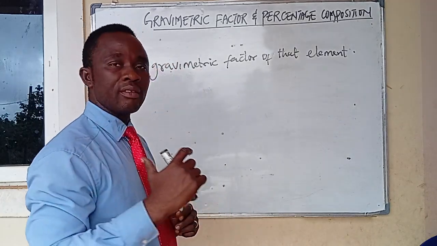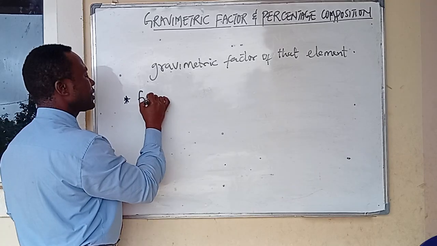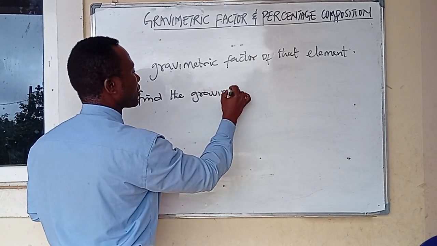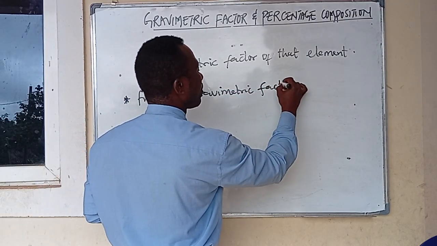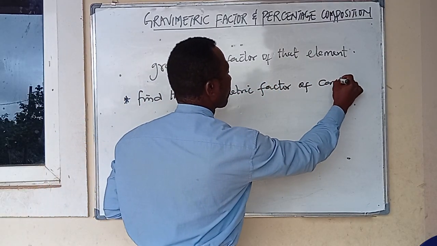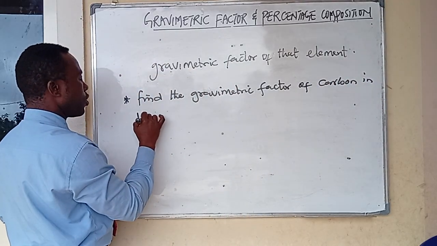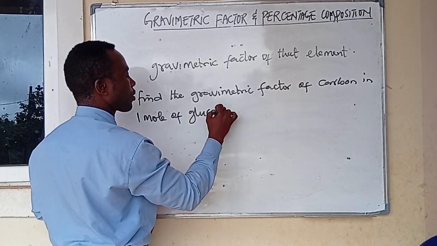Now, let me take an example. You can be asked to find the gravimetric factor of carbon in 1 mole of glucose.